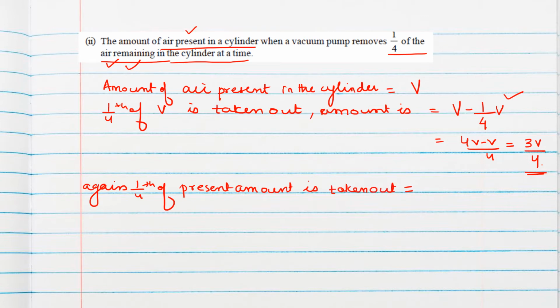Okay, so 3V by 4 is present, and then from this present 1 by 4th of 3V by 4 is taken out.